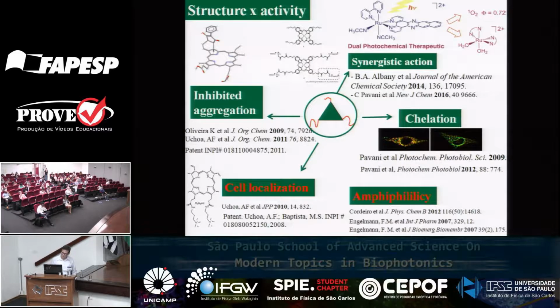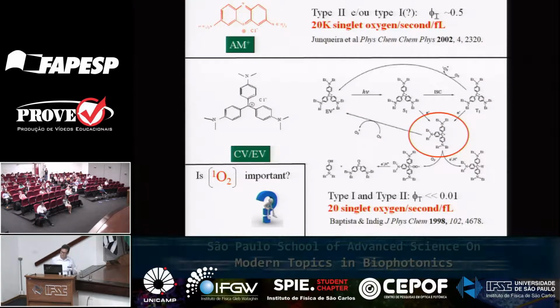Today I'm going to share with you one data set that I didn't show yesterday, which I think is perhaps the most clear example that it really doesn't matter how much of a radical or reaction you make. What is most important is where this reaction is happening within the cell. So we are ready to compare here two molecules that are positively charged.